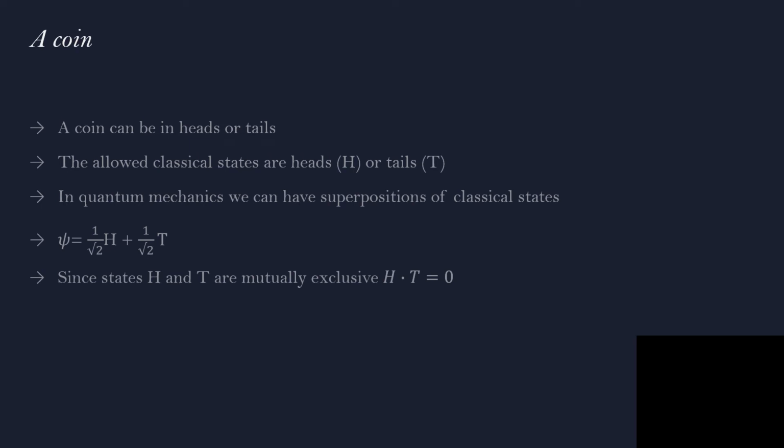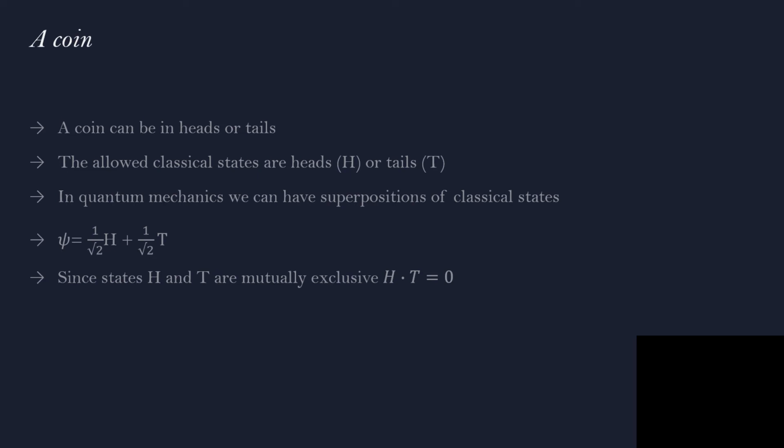Now, here's where we bring in the scalar product or the inner product and start to think about how this works. So heads and tails are mutually exclusive classical states. That is, if a coin is in heads, there's a probability of 0 of measuring it in tails, because it's impossible to find it in tails if it's in a state of heads, and vice versa.